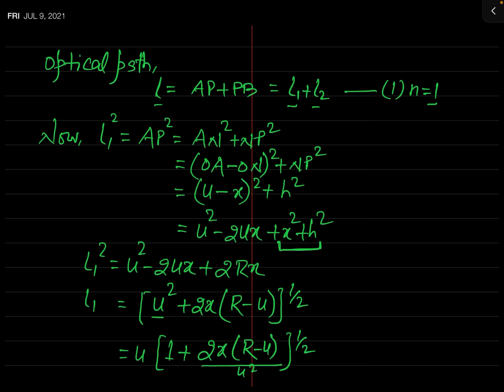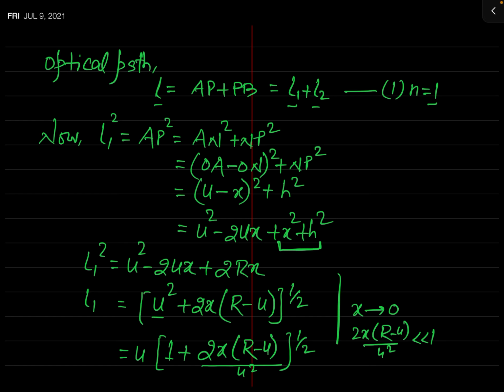Now see, as I have told you earlier, in case of paraxial rays, this x is very small. Mathematically we say that x is tending towards 0. So definitely the second term in this square bracket will be much smaller than 1. Or you can say that this 2x into r minus u over u square will be much smaller than 1 in case of paraxial rays, and our supposition is that the image is formed by paraxial rays.